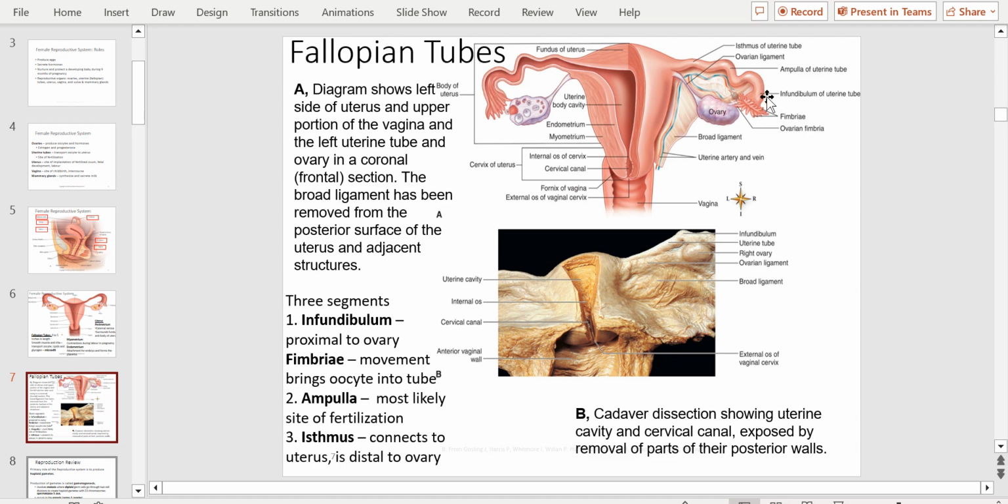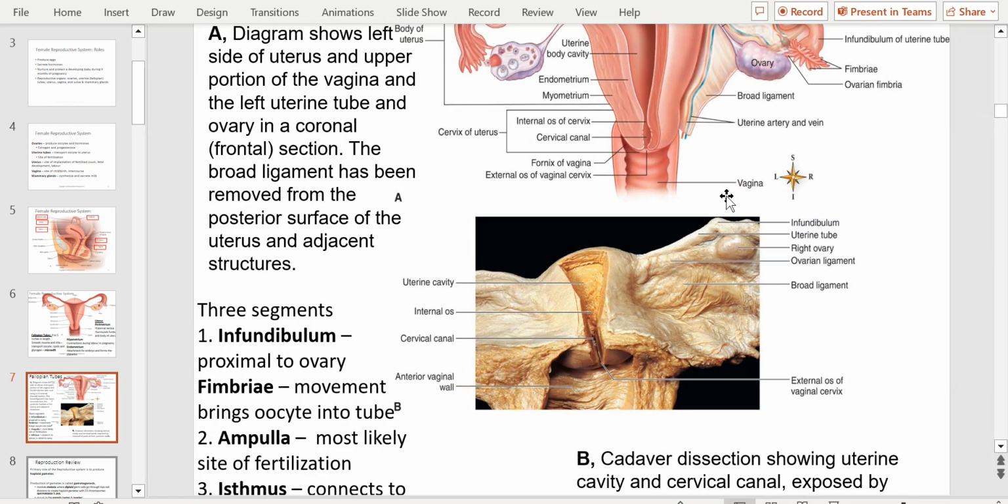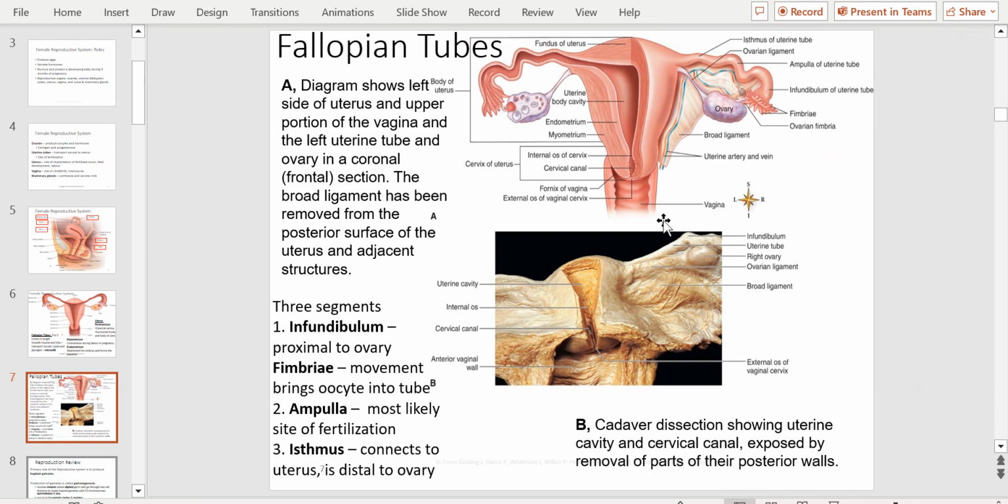Your fimbriae movement brings the oocyte into the tube. Those finger-like projections scoop up that oocyte and bring it into the fallopian tube. The ampulla is the most likely site of fertilization. You'll see it's about halfway along the fallopian tube.